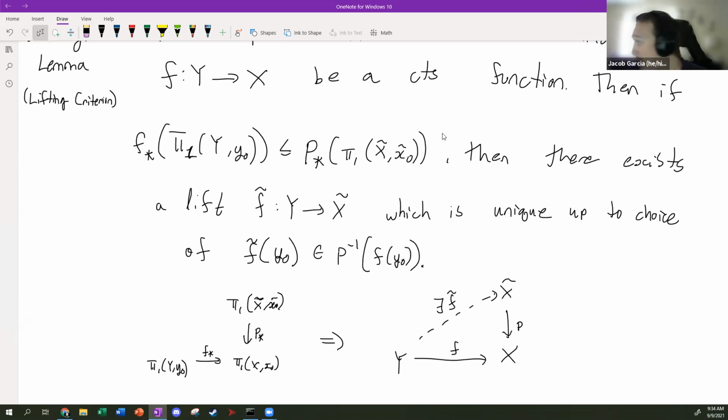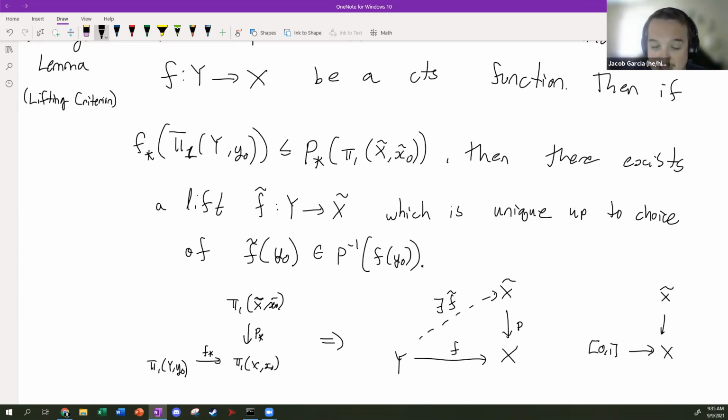So the reason why paths always lift in a cover is because the domain of a path is an interval. A path is just a continuous function from the interval 0, 1 into your space. And the fundamental group of an interval is trivial.